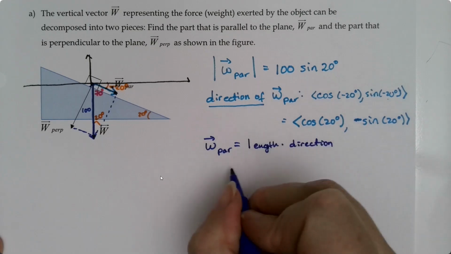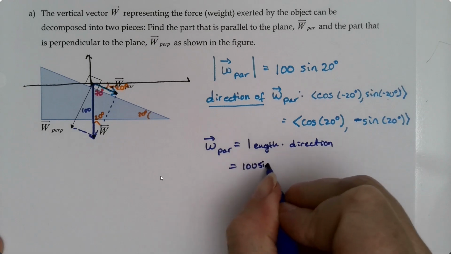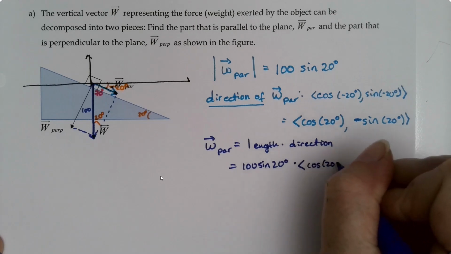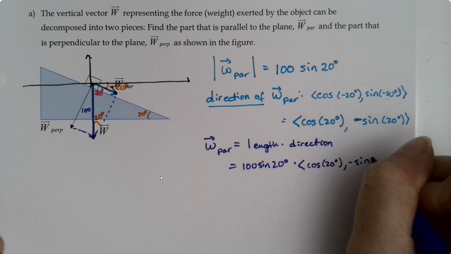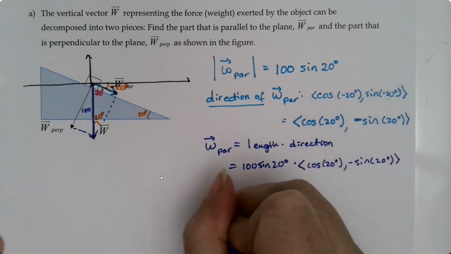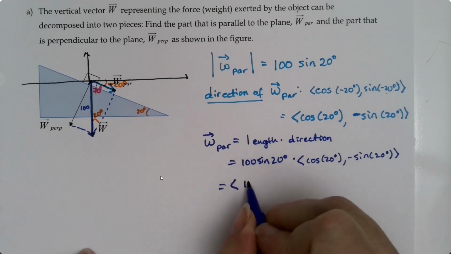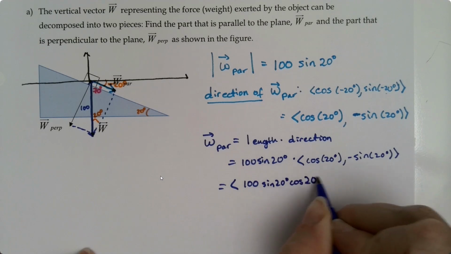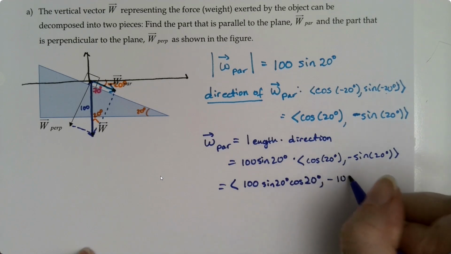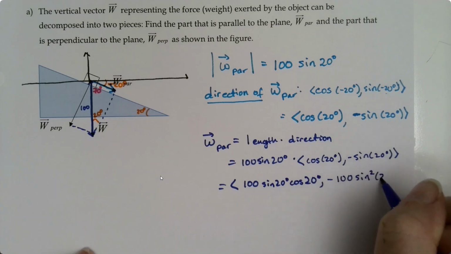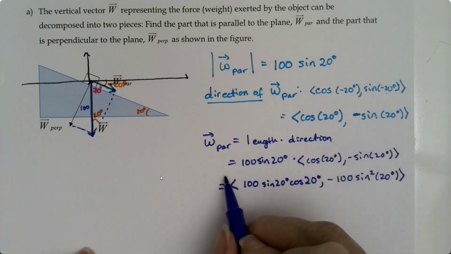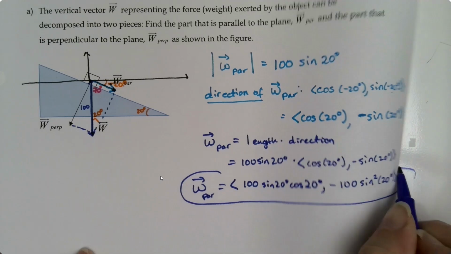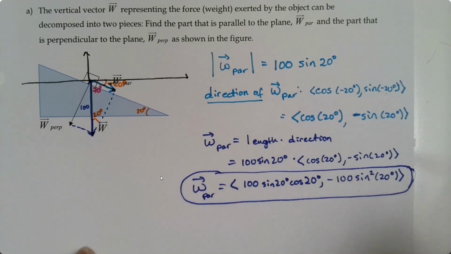The length would be 100 sine of 20 degrees, and we multiply that by cosine of 20 degrees, negative sine of 20 degrees, which gets us 100 sine of 20 cosine of 20, and then negative 100 sine squared of 20 degrees. That's the W vector in the parallel direction, or the component of the W vector, if you will, in the parallel direction.